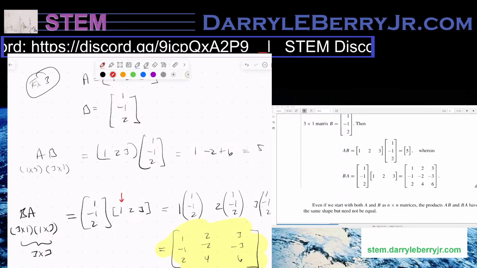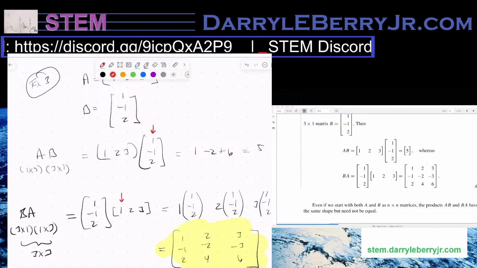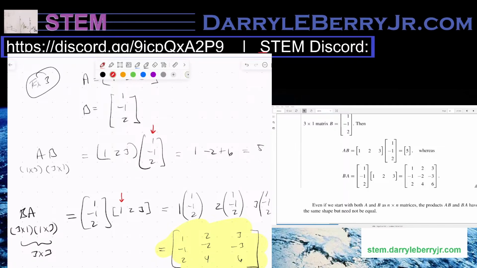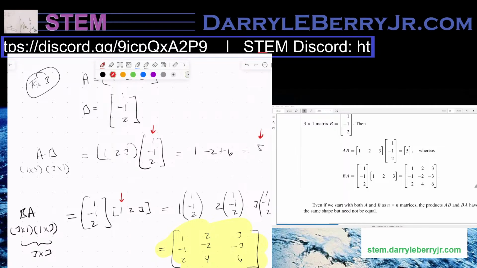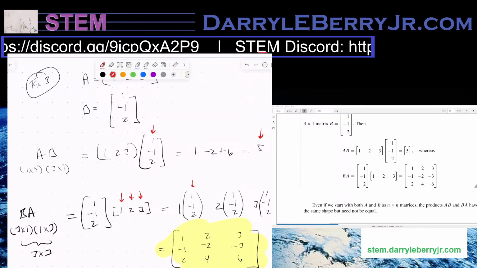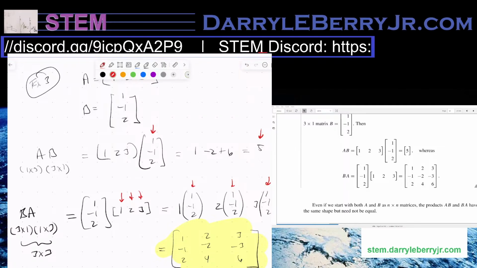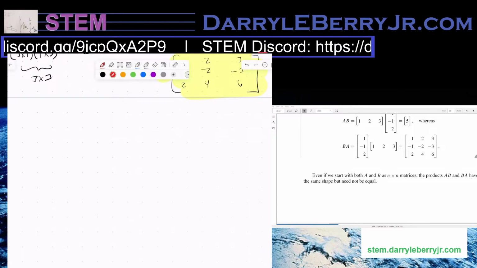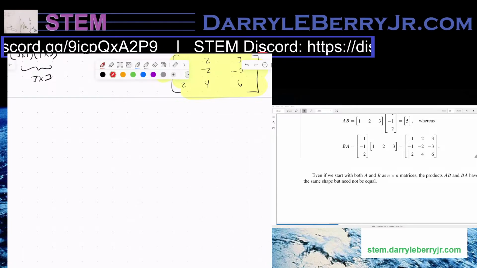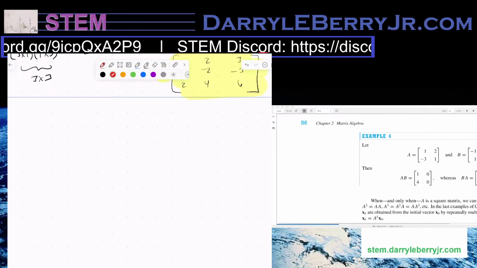So we have one column in the right one, so that becomes one column in the new one. And here we have 3 columns in the right one, so that becomes 3 columns in the new one. Even if you start with both A and B as n by n matrices, the products AB and BA have the same shape but need not be equal.